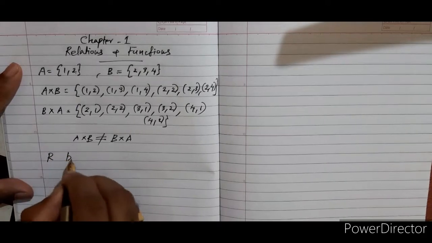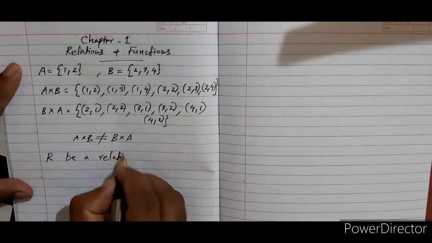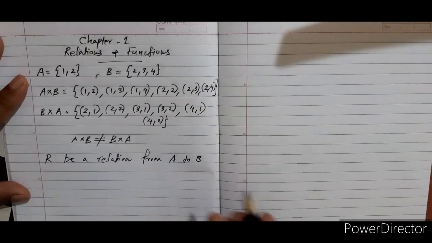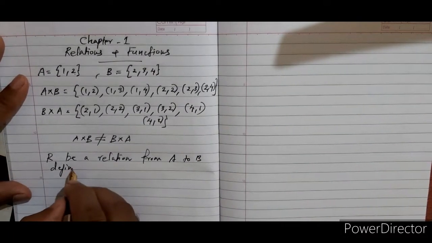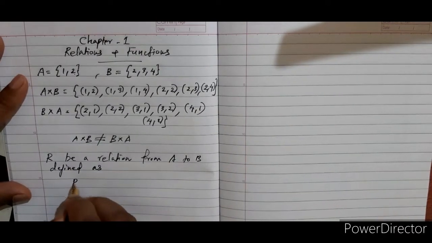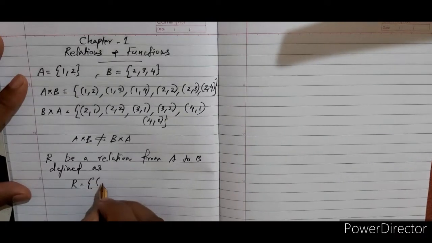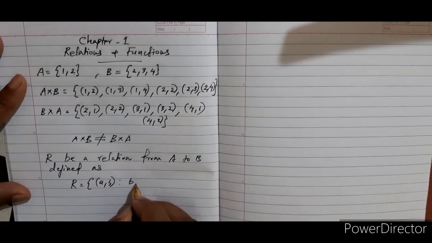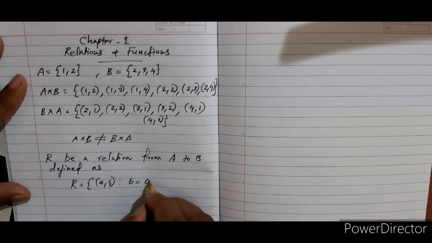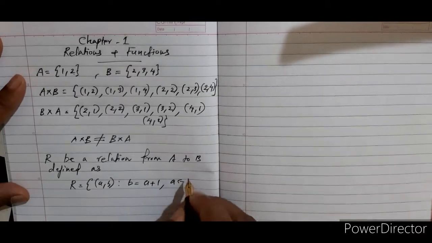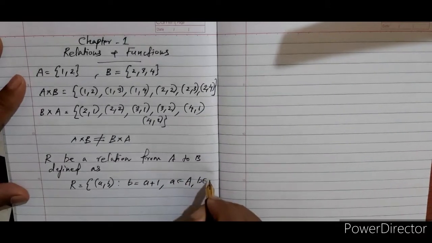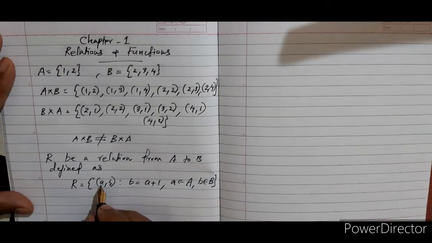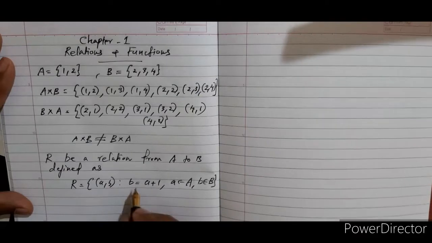Let R be a relation from A to B, defined as R equal to the set of all (a, b) such that b equal to a plus 1, where a belongs to capital A, b belongs to capital B. That means element a is related to element b if it satisfies this equation.